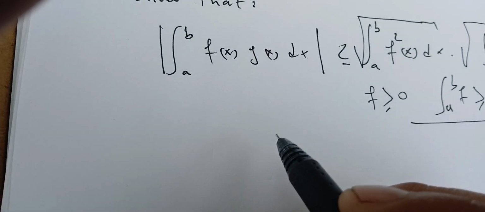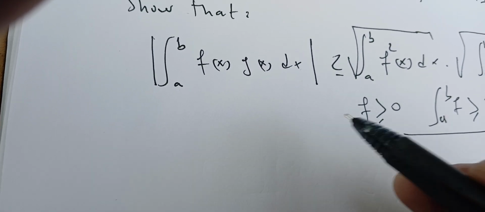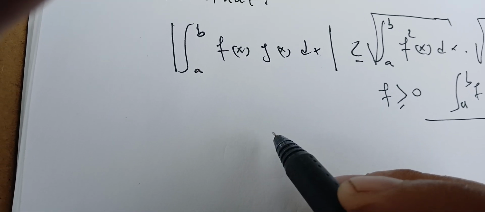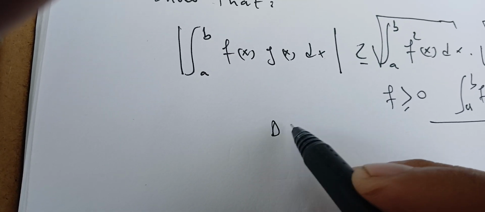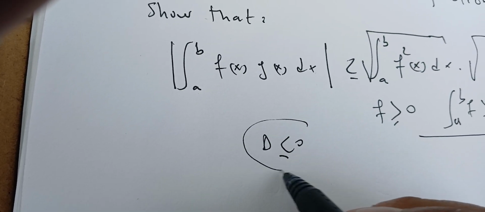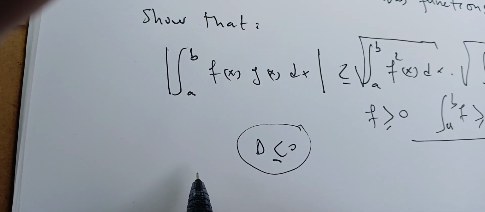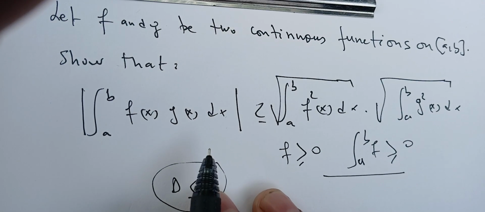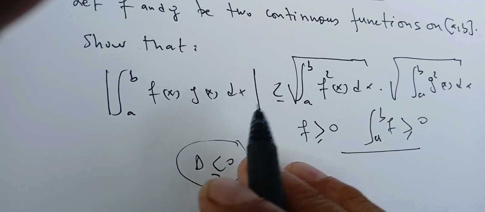Also, if we have a polynomial of degree 2 and it's positive, its discriminant delta is going to be less than or equal to 0. These two facts we're going to use here to establish this result.